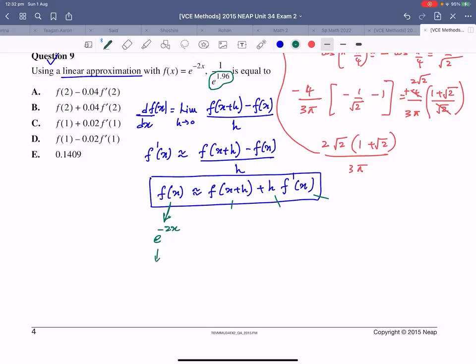So you have to get x equal to 1, so e to the minus 2 you have to get. That means e to the minus 2 is when f of 1 comes into play. So here you have to select h so that you make this one e to the minus 1.96.